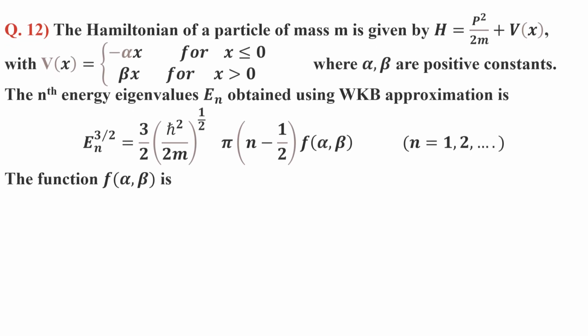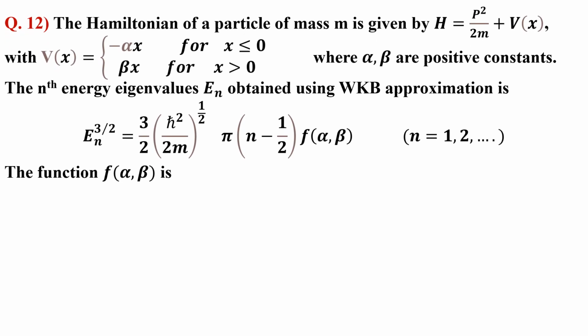Question 12. The Hamiltonian of a particle of mass m is given by H = p²/2m + V(x), with V(x) = minus alpha x for x less than or equal to 0, and beta x for x greater than 0, where alpha and beta are positive constants.